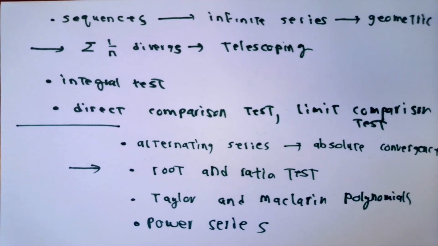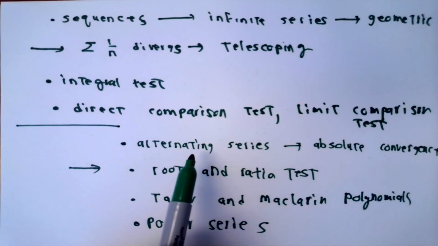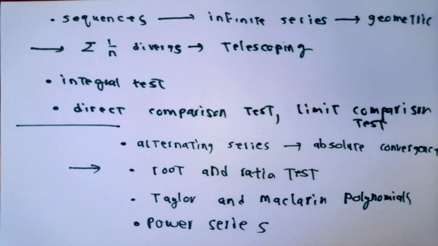Next, we're going to take a little side trip and talk about something called alternating series. This will be a natural segue into the notion of absolute convergence. This will allow us to think about something called the root test and the ratio test. Then we will talk a little bit about Taylor and Maclaurin polynomials, and finally, power series.